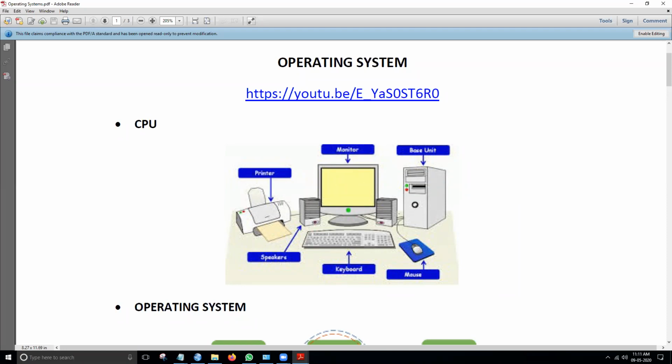Inside the CPU there are many peripheral devices, memories, drives, the motherboard, VGA boards, and some other components. Mouse and keyboard are input devices, and the speaker, printer, and monitor are output devices. So this is all put together.